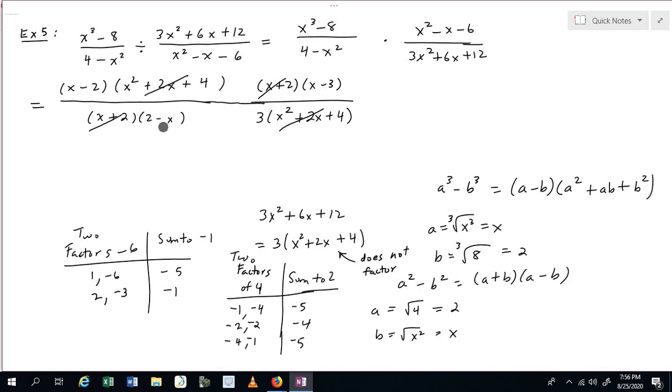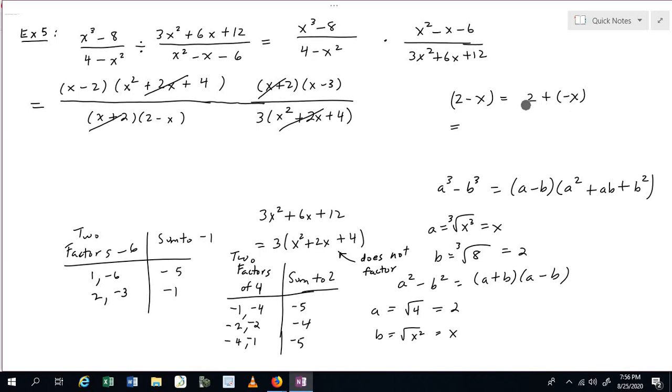So what you want to do there is factor a negative out of one of these. It doesn't matter which one. I'm going to factor it out of the bottom. So let's do that on the side. I'm going to take 2 minus x and write it as 2 plus negative x. Subtracting x is the same as adding negative x.